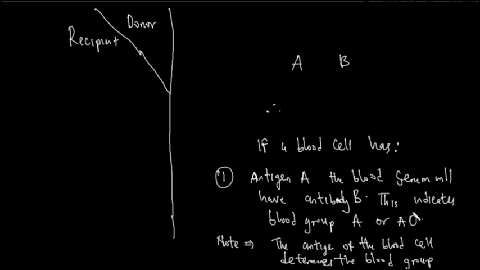Is this fully understood? Because we have antigen A, that's why it's in blood group A. Does anybody have a question?